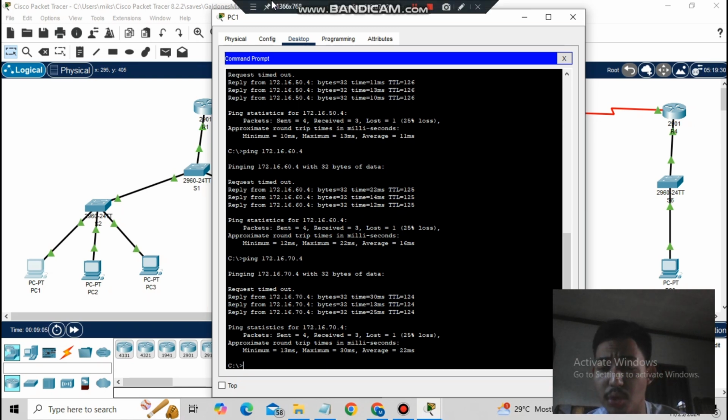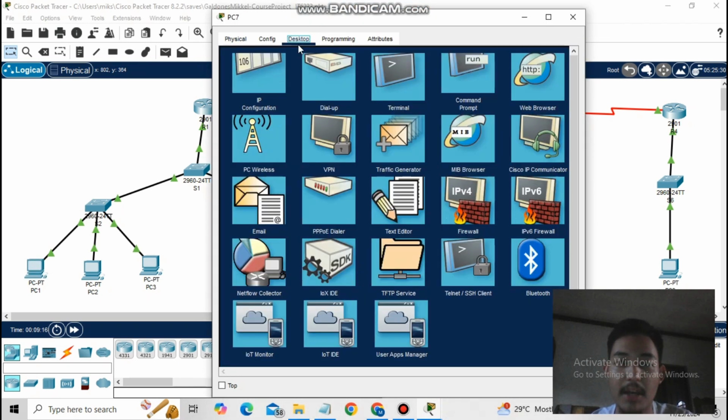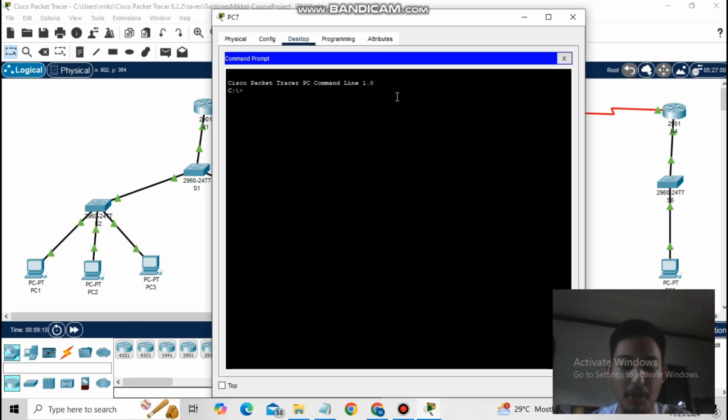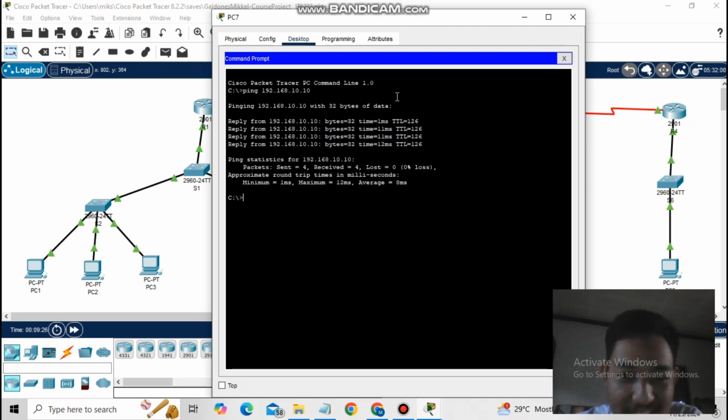But do we know that the hosts from other networks can ping the end devices that are connected to our router 1? Well, let us find out. First, let us ping the PC1 IP address from the command prompt of PC number 7. And immediately we have our reply, so that indicates a success.